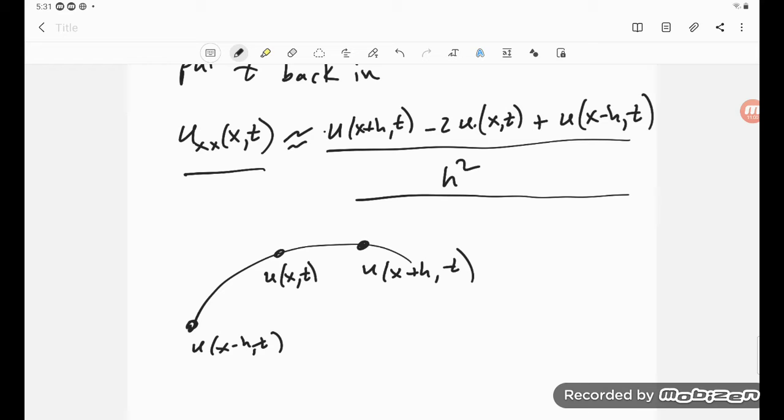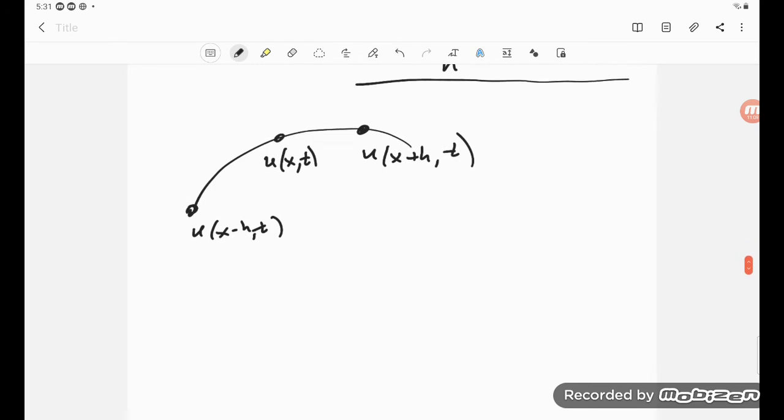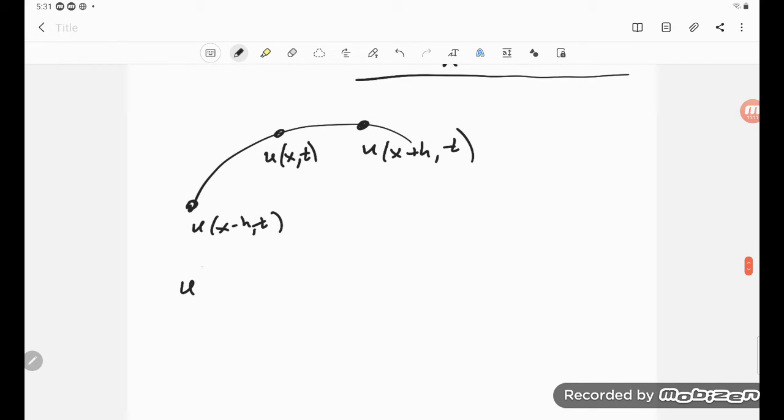And now, if I write this just slightly differently, I'll factor out a 2 in the h squared. And so we'll have that our uxx, our concavity, at some x, t, is approximately equal to 2 over h squared.